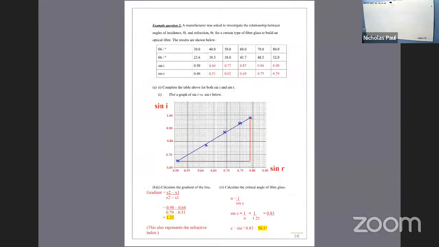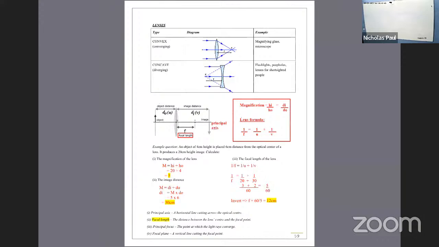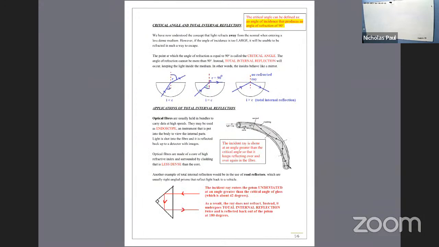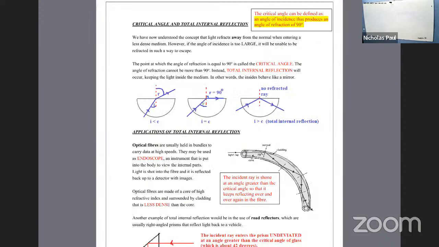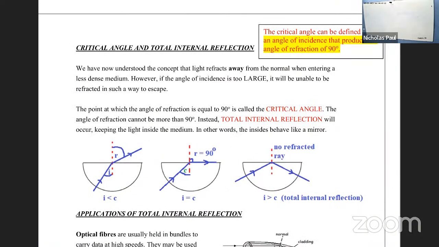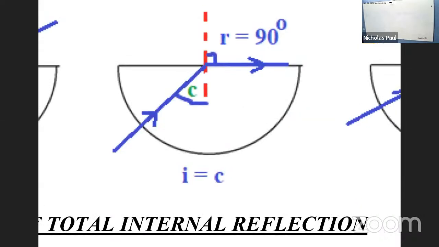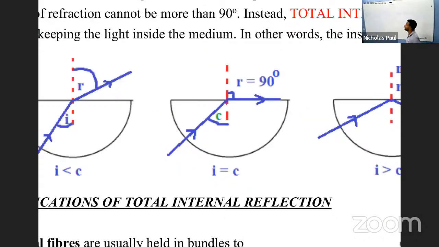Before we start any papers, we have to understand something called critical angles, and I showed you this in a simulation. Critical angle is a special angle of incidence that gives you an angle of refraction of 90 degrees.